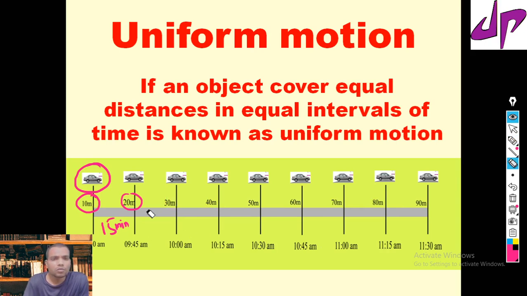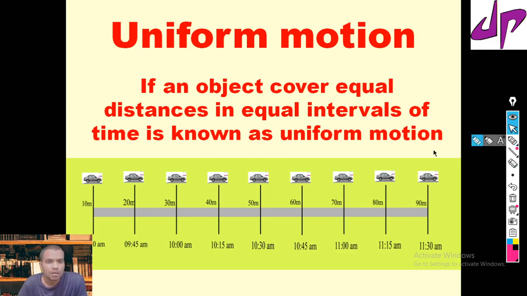So the uniform motion we define as: if an object moves or covers equal distances in equal intervals of time, it is known as uniform motion. The best rememberable example for this uniform motion is the march past. When the soldiers do march past, they will do it uniformly, and they all cover equal distances in equal intervals of time.